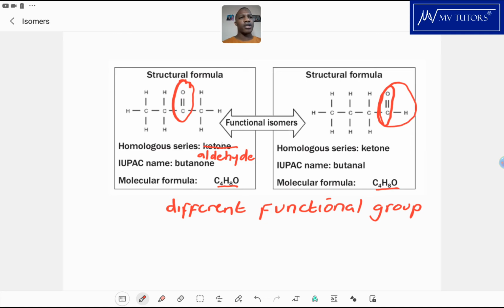Anywhere in the middle, then it makes it a ketone. If it's at the end, then it becomes an aldehyde. So this is a functional isomer. Same molecular formula, different functional groups. So this is different functional groups and different homologous series. This is a ketone, that's an aldehyde. That's it.